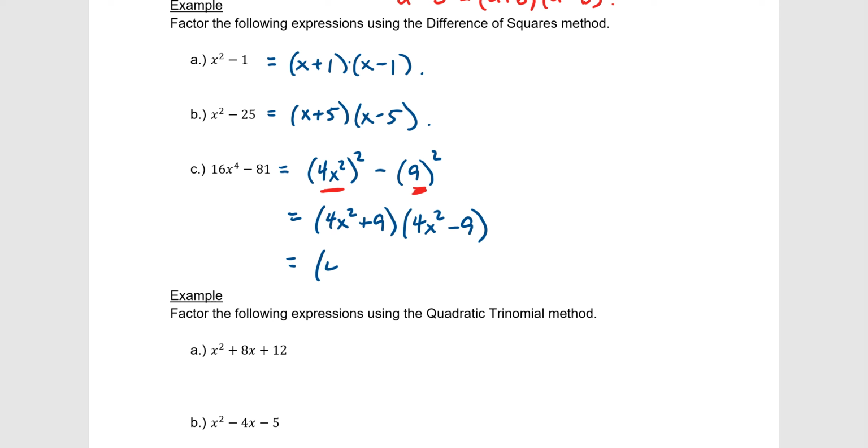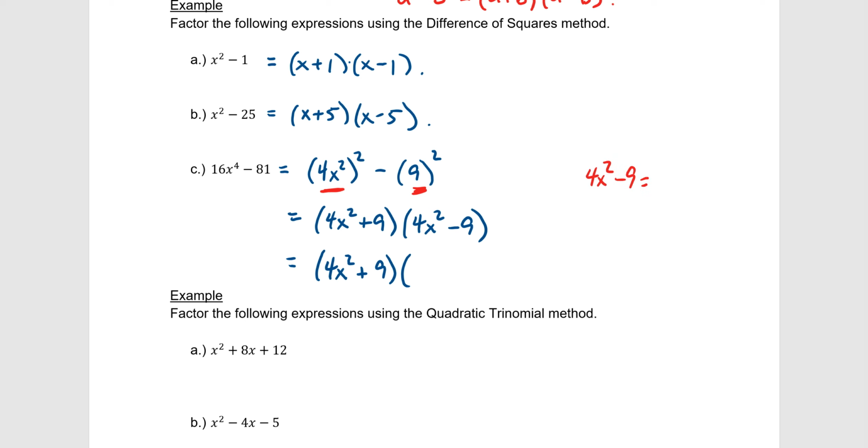This first factor is done, 4x squared plus 9, because there's addition. It's difference of squares, not summation of squares. So since it's addition, we can't factor that anymore. The second one, though, we can actually rewrite 4x squared minus 9.